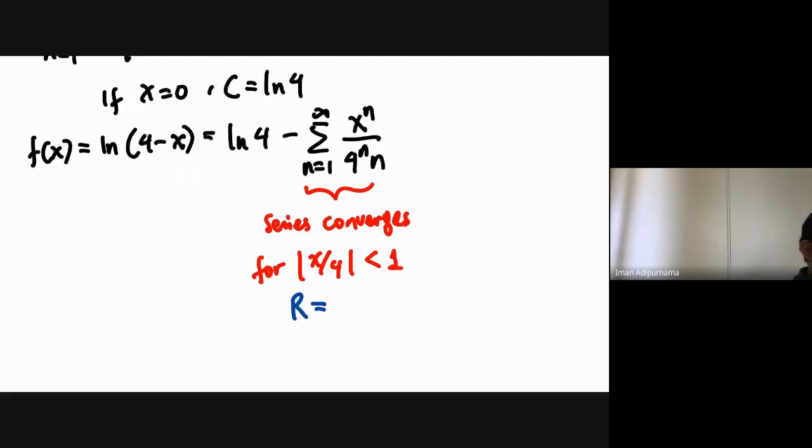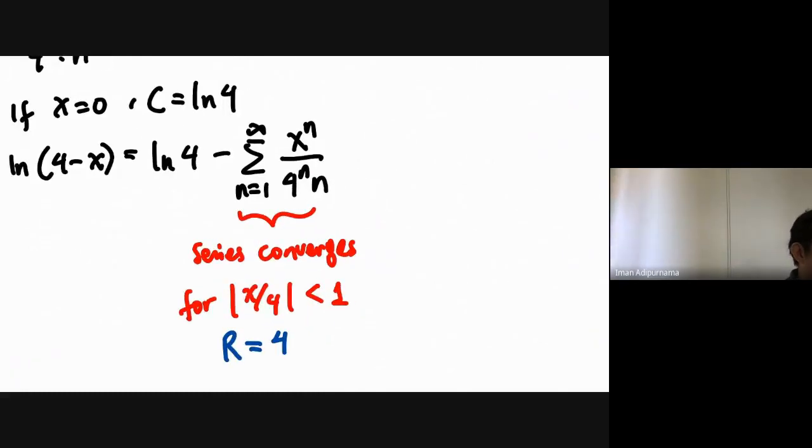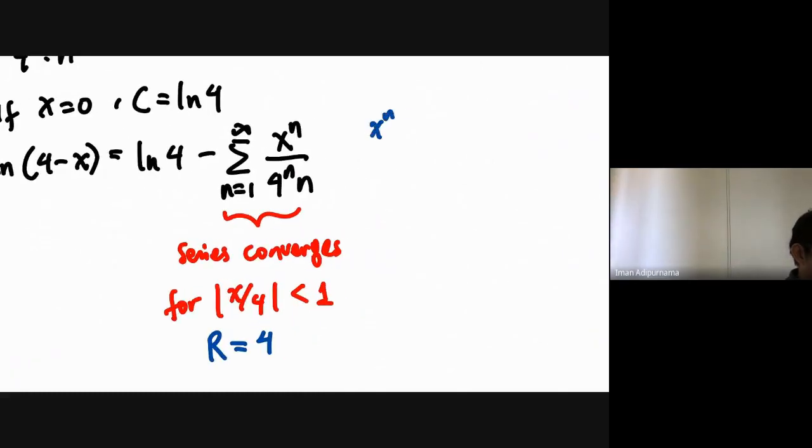Or we can conclude that the radius is 4. And you can check with the ratio test if you want.